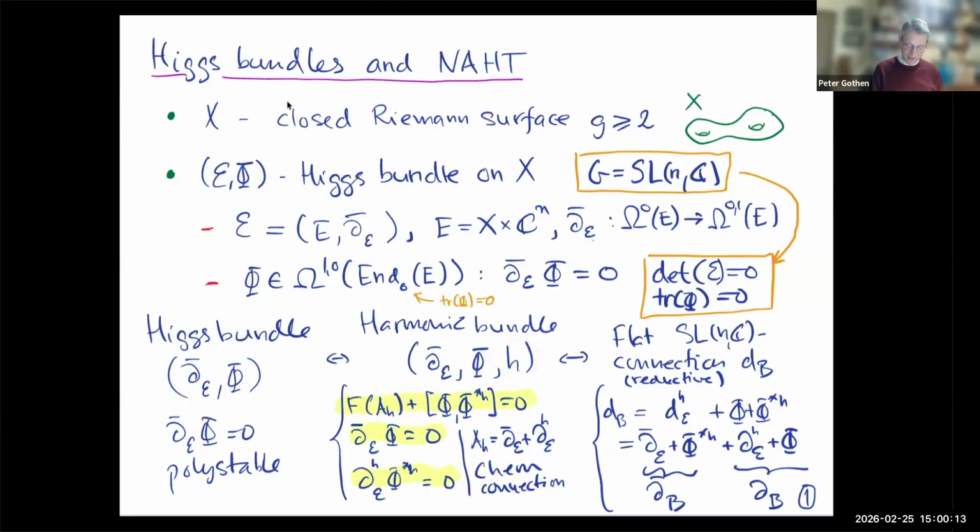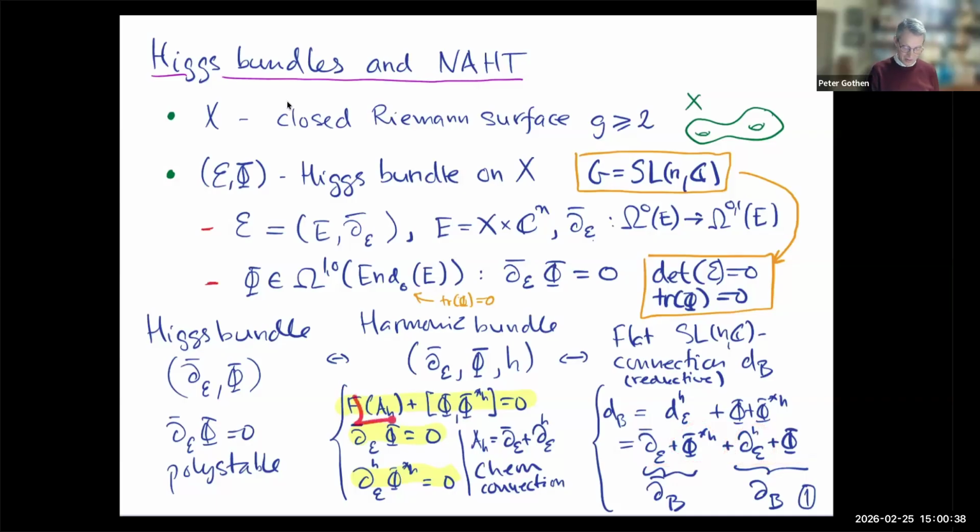The other half is that if we now take our harmonic bundle and write down this operator, D_B, which we can concoct out of our data. So we have the d-bar_E and the phi here, and then we take the other bit that came from the Chern connection and the adjoint of the Higgs field, write down these operators, and the point is we get a flat connection.